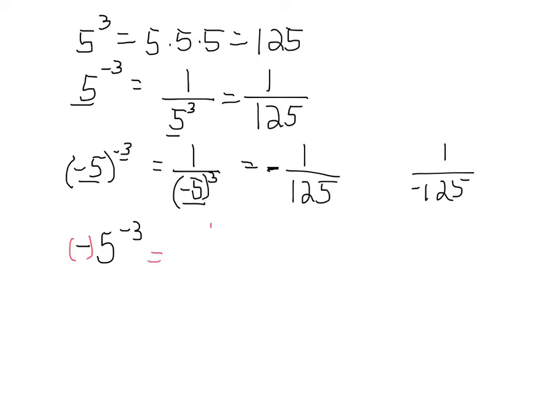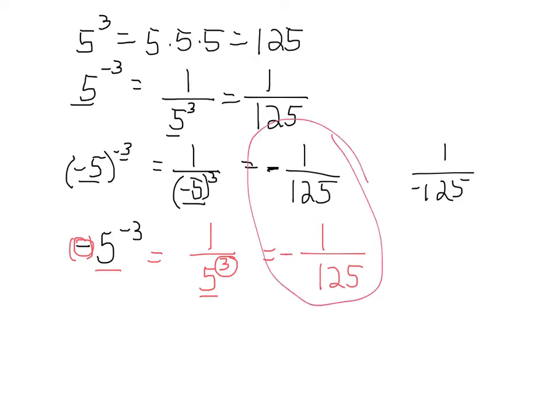So we say 1 over 5 to the third, because this number doesn't change and this becomes positive, so that gives me 1 over 125. And at the end, this negative goes out front. So notice that these are the same. They won't always be if you change the exponents or the powers.